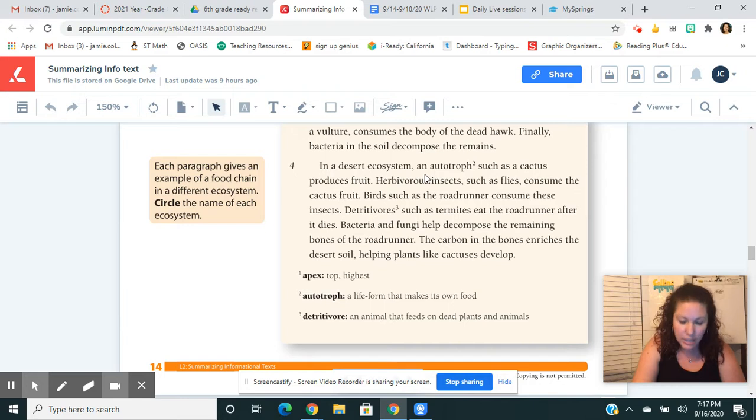A detritivore is an animal that feeds on dead plants and animals. So usually in the past when I've taught about this, it would be more about decomposers, because decomposers feed on dead animals and plants.